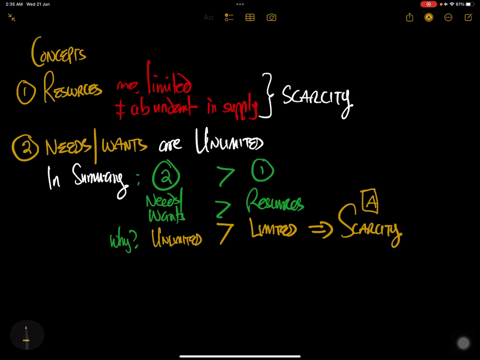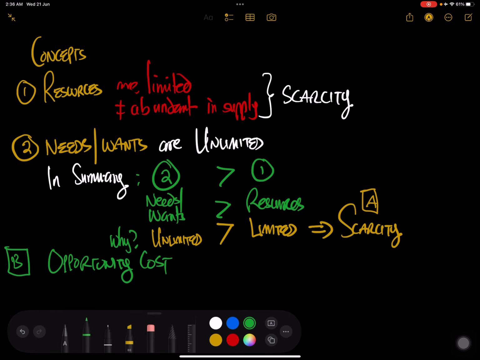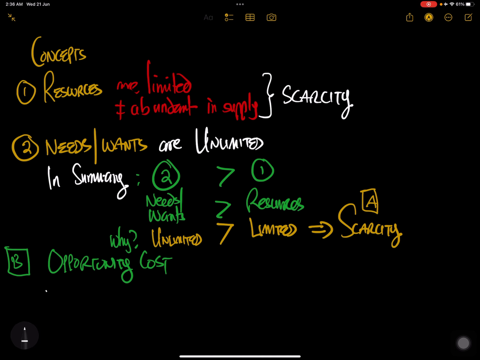And because there is scarcity, the next major concept is what we call opportunity cost. Now, how does this come into play? Because there is scarcity, what we first have to do is to make a scale of preference. What is a scale of preference?